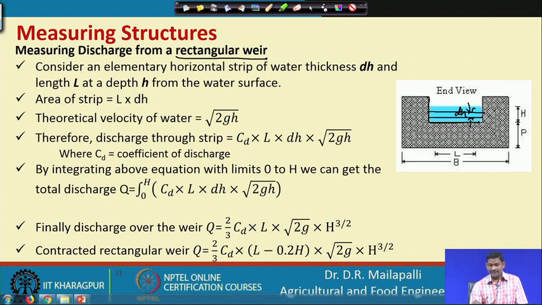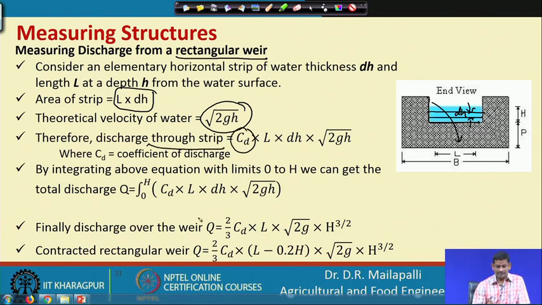So, the area will be L into delta H, okay, and the theoretical velocity will be equal to square root of 2 g H. Okay, and you use a coefficient of discharge C d; this is the area and this is the velocity.